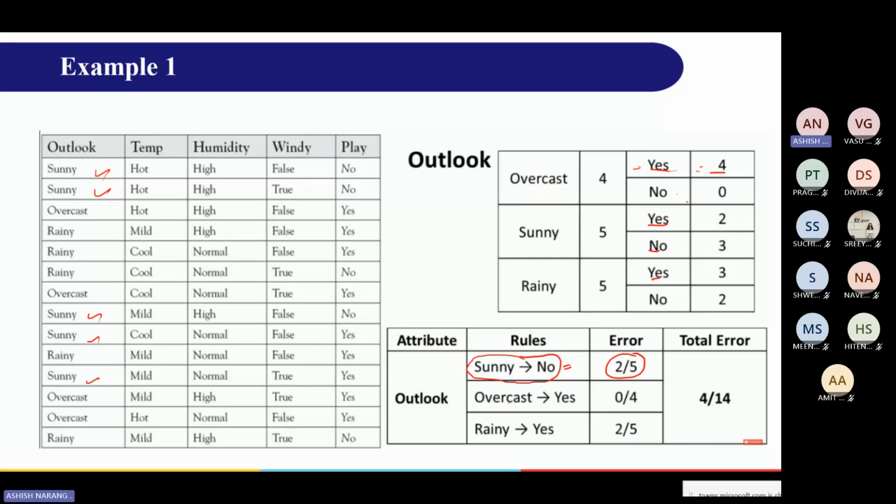All 4 records belong to this, and no records belong to the no clause. There is no error, so 0 by 4. And when it comes to raining, yes: if it is raining, I'm going to play tennis. That is my rule. But out of 5 records, 2 of them say no also. So the error is 2 by 5. So the total error is 4 by 14.